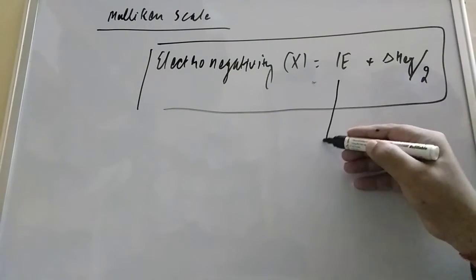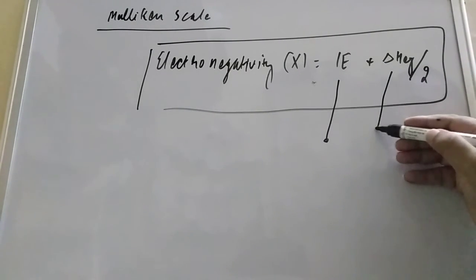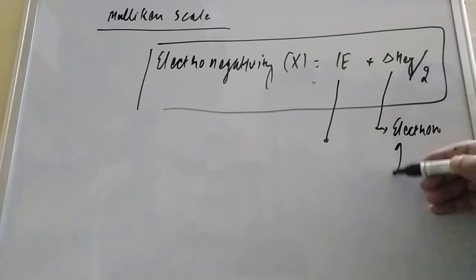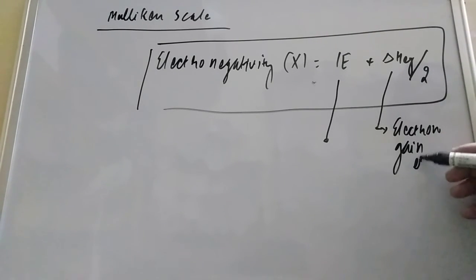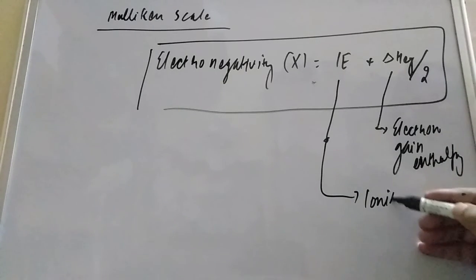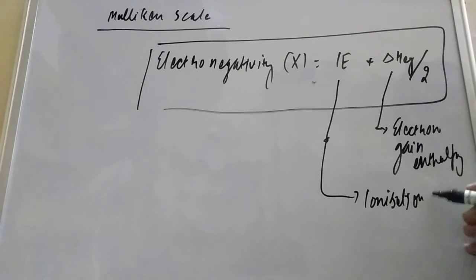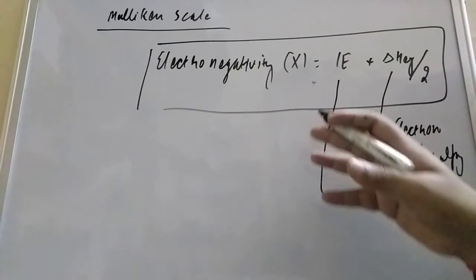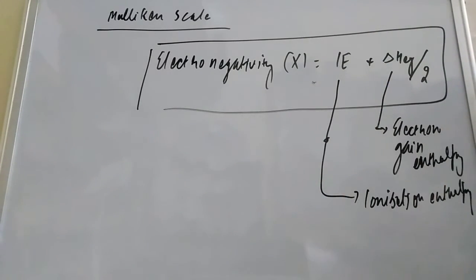HEG means electron gain enthalpy, which we already studied, and IE is the ionization enthalpy. So if ionization enthalpy and electron gain enthalpy are given, we can easily calculate the value of electronegativity.